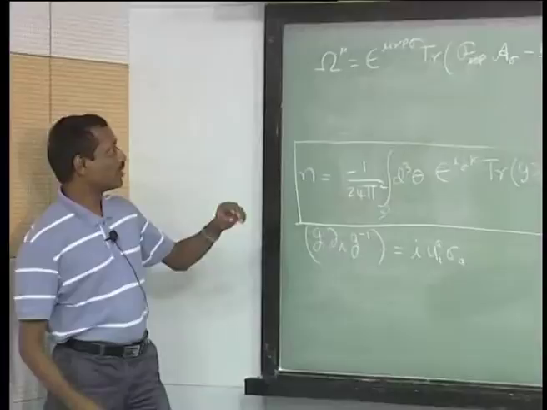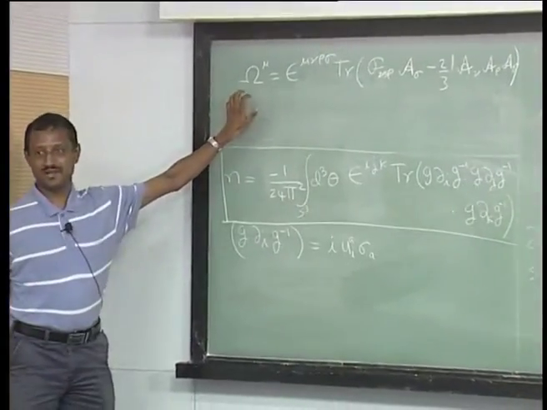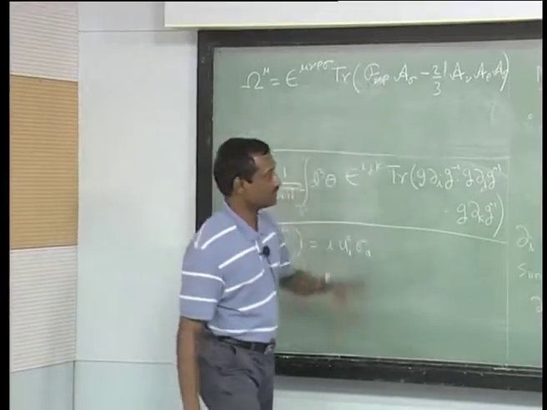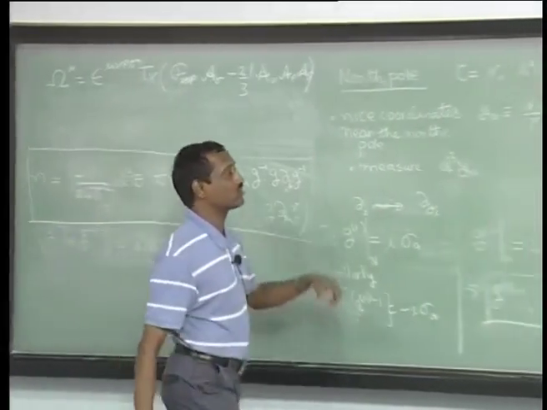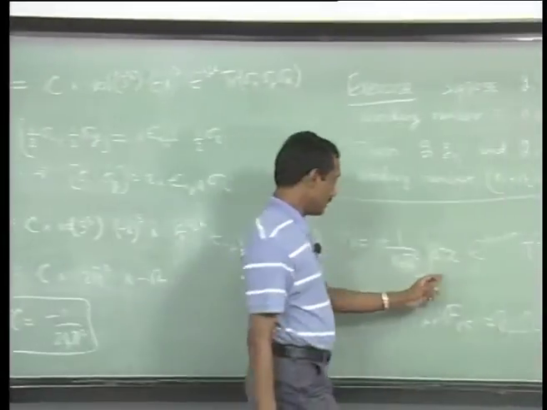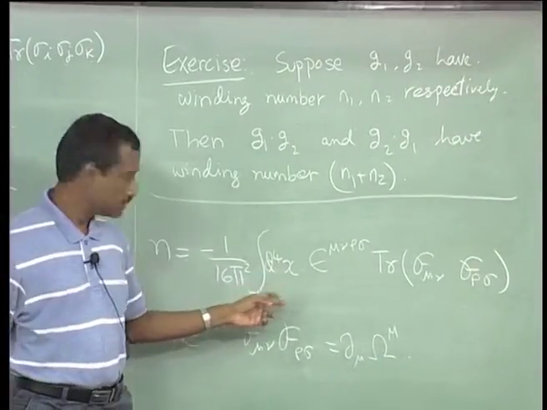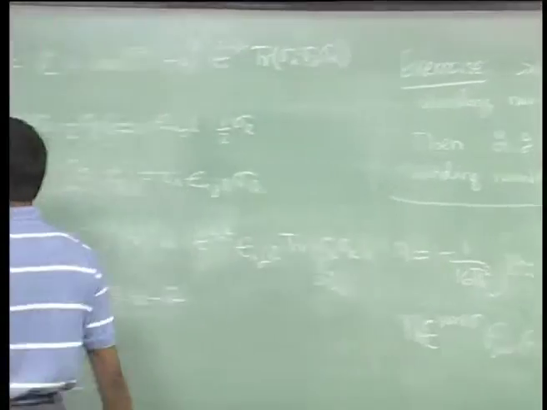The numbers are important, but what is more important is the structure out here, which is that it takes this form. Because it is a total derivative and this is an integral over all space, it reduces to a surface integral.